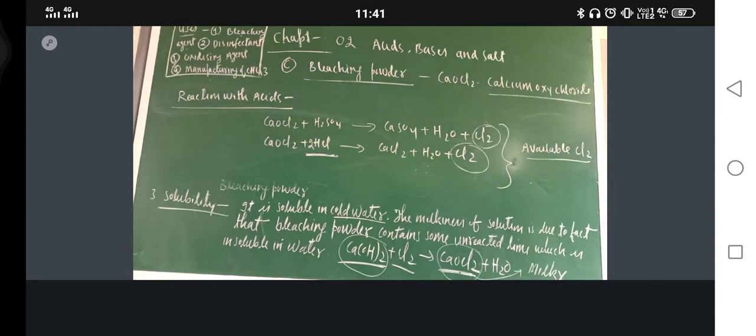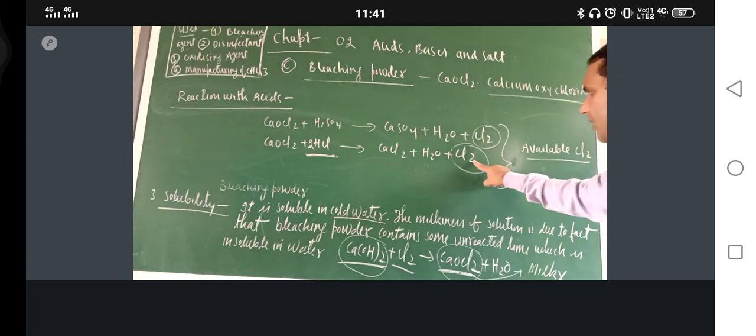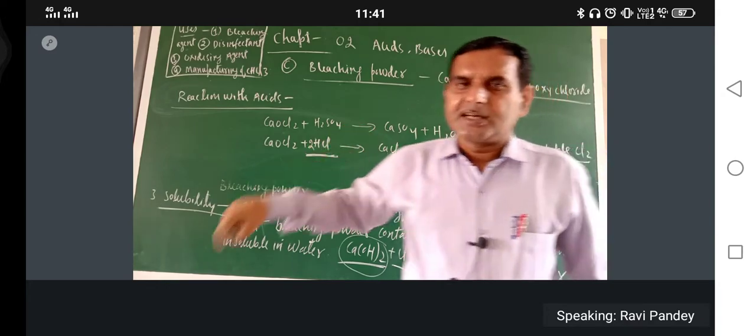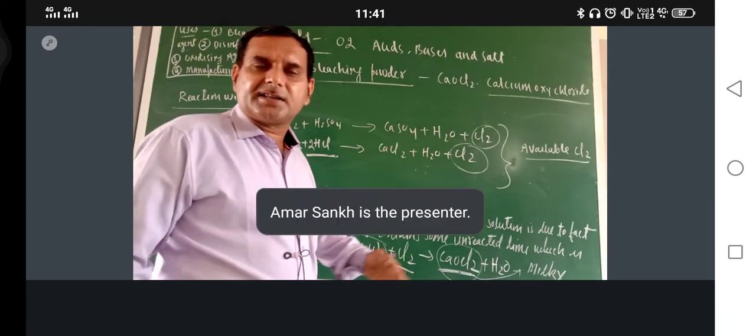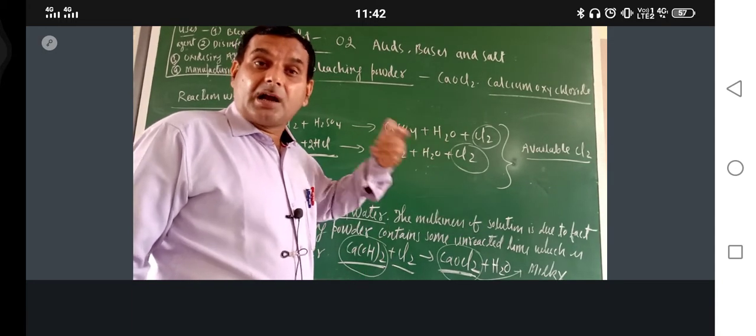So wood pulp should be decolorized with the help of chlorine only. This available chlorine which is coming out when bleaching powder reacts with acid is doing the work of bleaching. Bleaching means decolorizing the foodstuff, wood pulp, and even glass also.